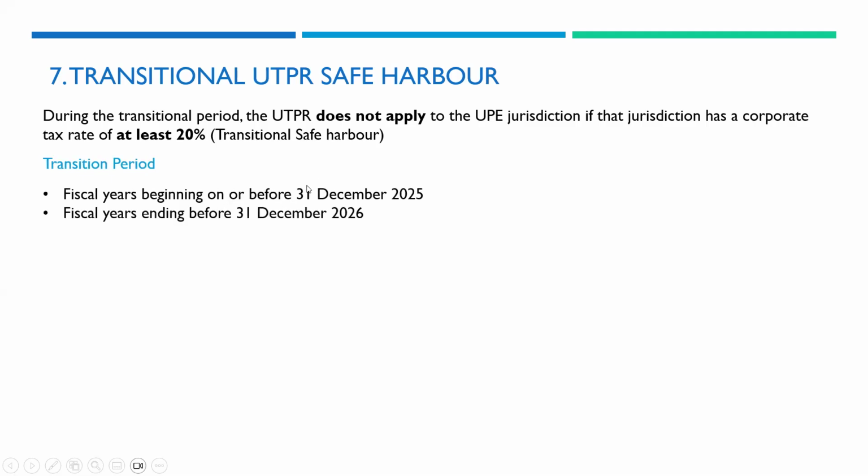So any year beginning on or before 31st December, or years ending before 31 December 2026. So just for your first year, the transition period. First year, you don't have to pay UTPR in the parent company jurisdiction, in the UPE jurisdiction, if the UPE jurisdiction has a tax rate of at least 20%. Okay.